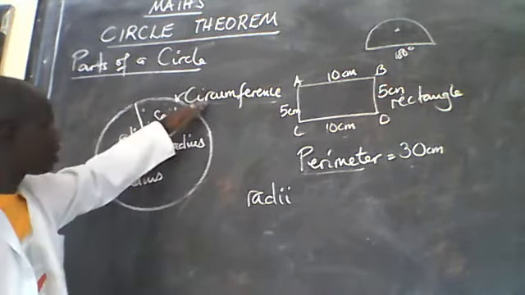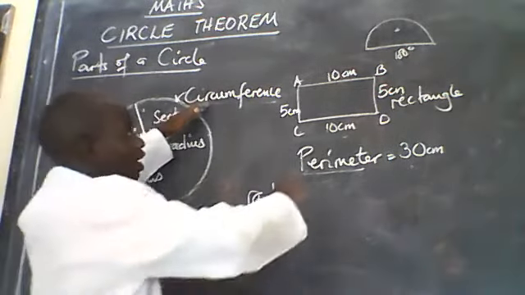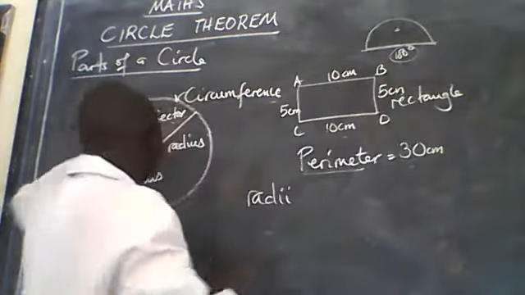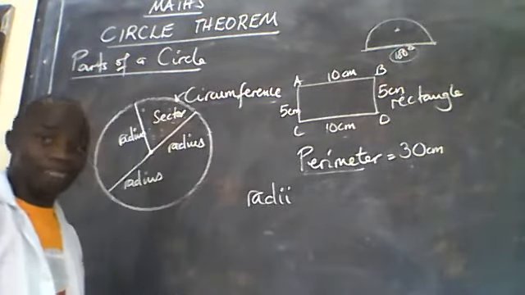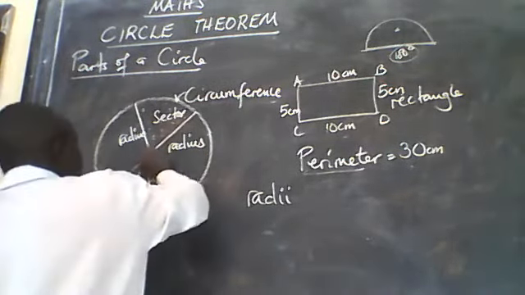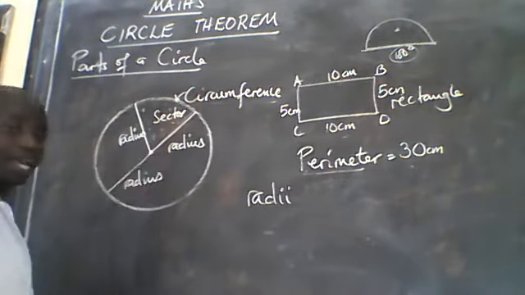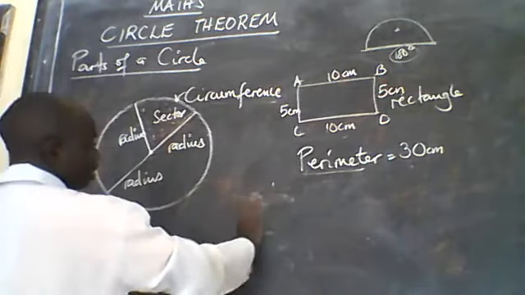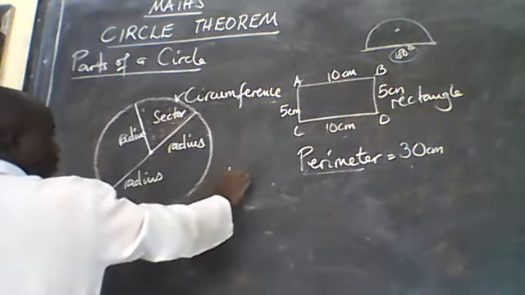They formed a straight line, making 180 degrees and dividing the circle into two equal parts. Now, what is the name given to this entire line? That is what we call the diameter.